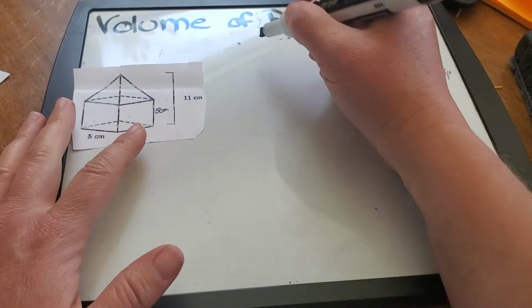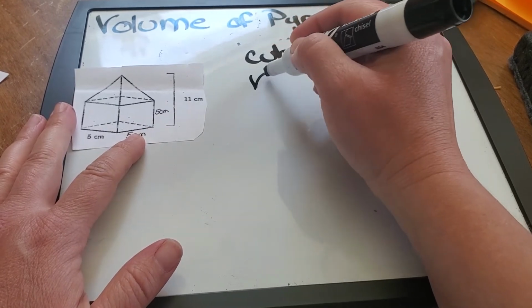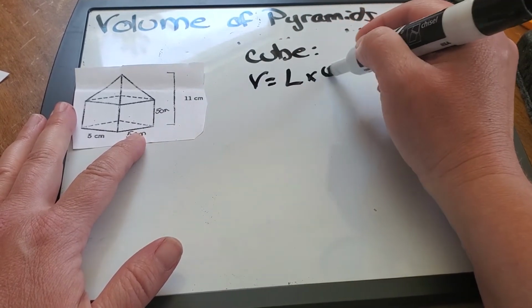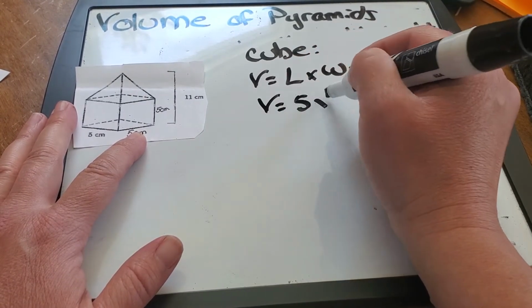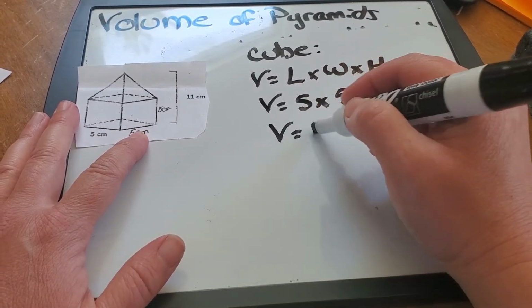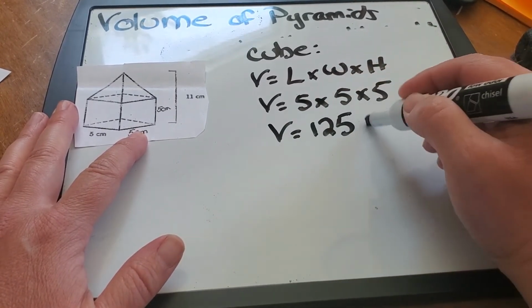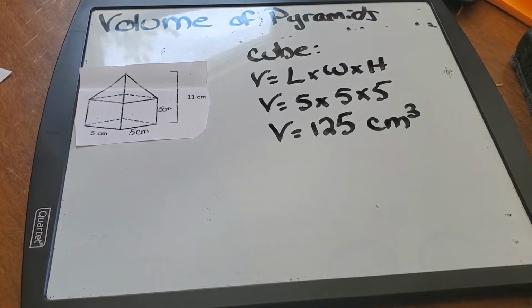The volume of the cube is just going to be length times width times height. So you're going to do 5 times 5 times 5, which is 125 cubic centimeters. That's how many cubic centimeters would just fit in the bottom part, the cube.